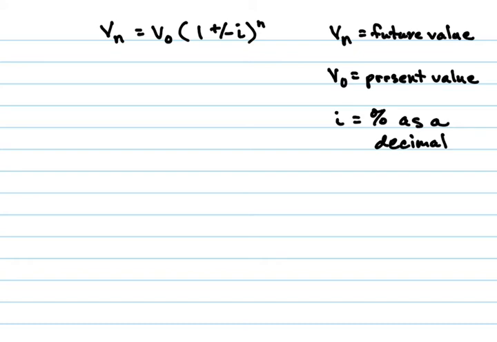And then finally, n is your years, could be months, just whatever unit you're told to use. Generally it's years, but it could be months, so be very careful with that.